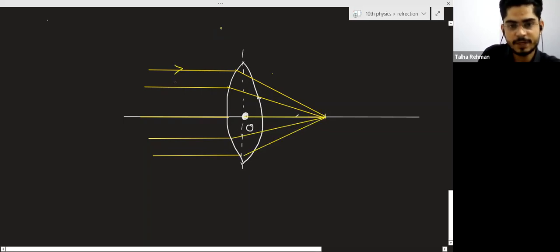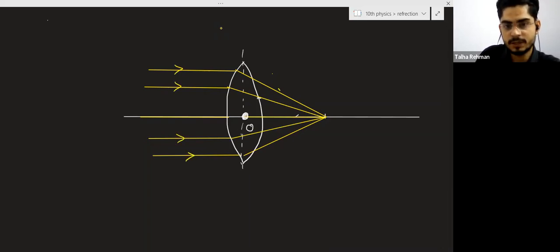These are the light rays which are parallel to principal axis, and all these light rays meet at a point known as the focus. So this point F is called focus or principal focus.